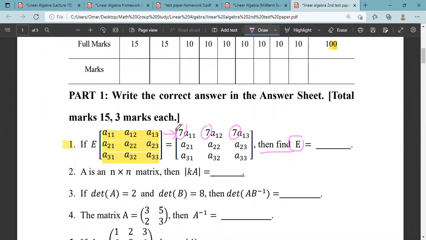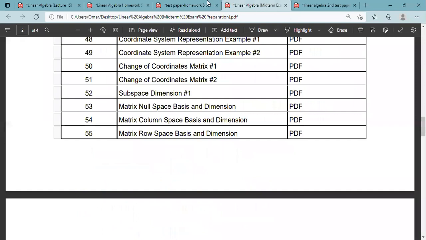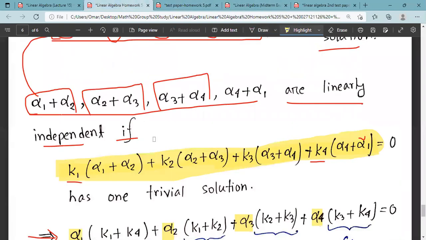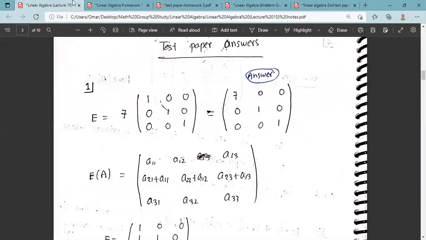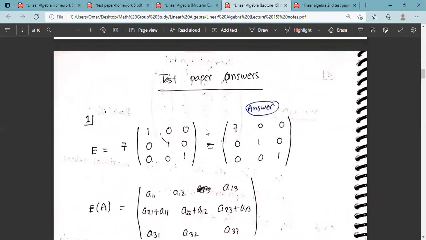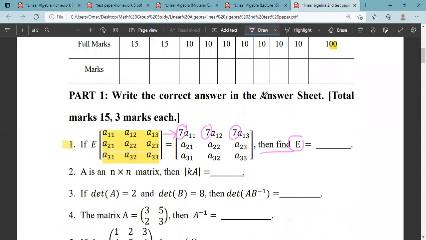If you look here, we have multiplied 7 in the first row, and you have to write down the corresponding identity matrix. As you can see here, it is a 3 by 3 matrix, 1 2 3.